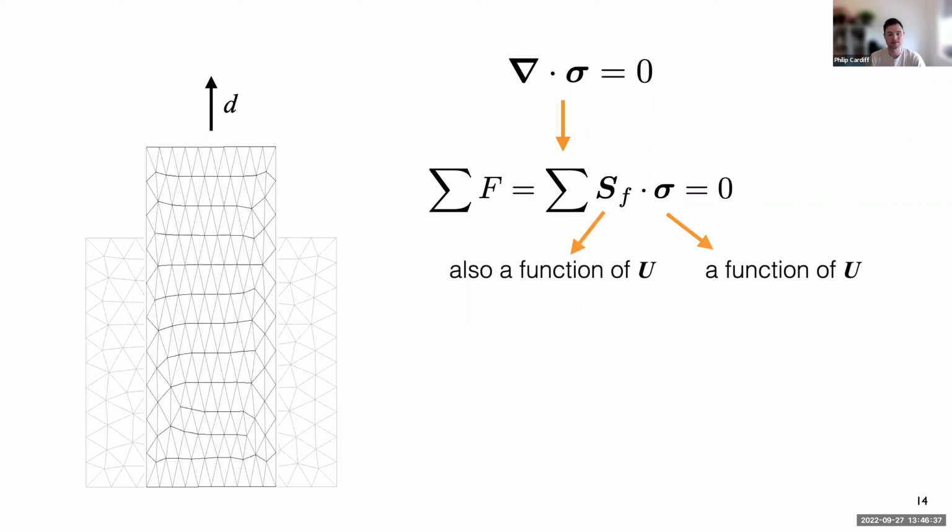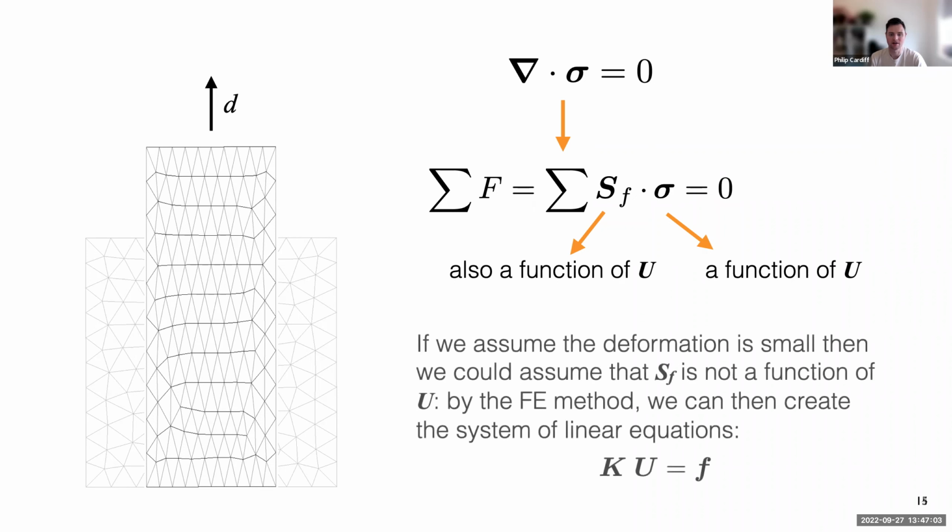The stress, assuming Hooke's law, is a function of displacement U, but the area, which changes in time, is also a function of displacement. When you multiply these together, you end up with at least some nonlinear term, some term with a U squared in it. So a nonlinear function of U.